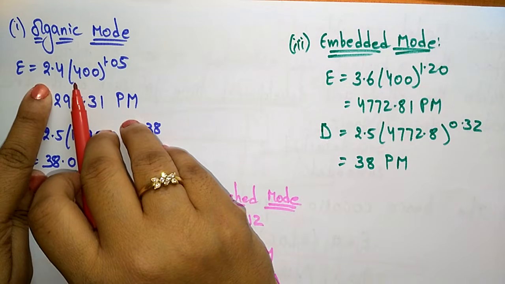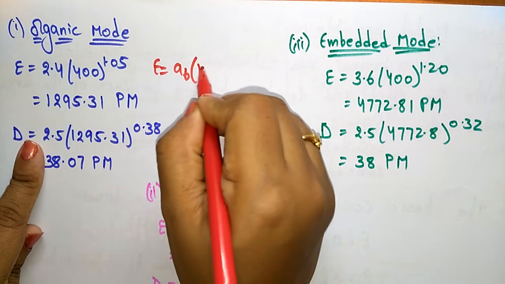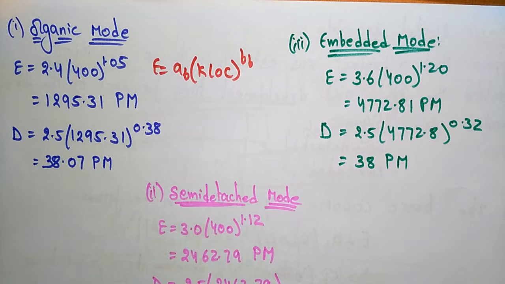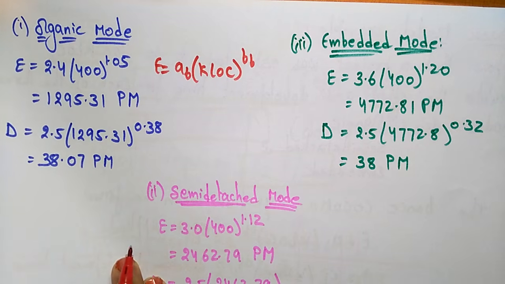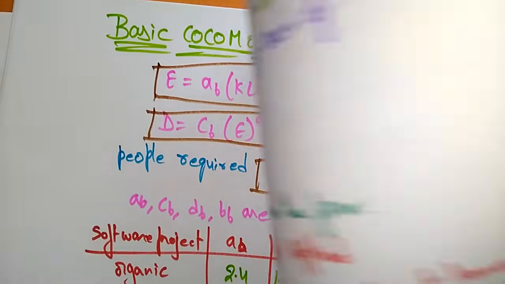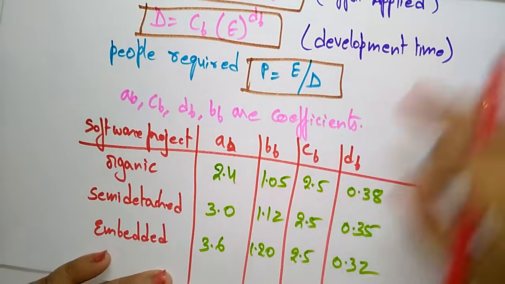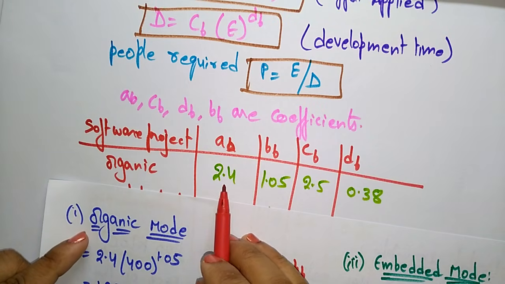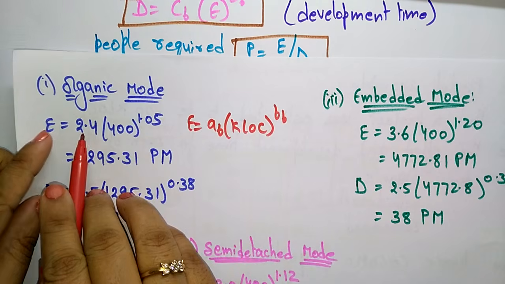Just substitute the values. E = ab (KLOC)^bb. In the basic mode, the values are already given. What is the value of ab in organic? 2.4. Just substitute 2.4.